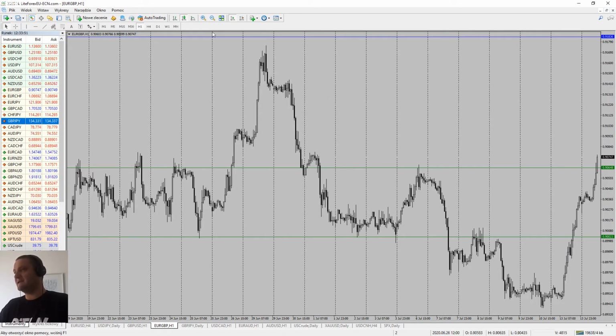Well, we didn't get that deep pullback, so we have to find another place where we can try to buy. Any kind of pullback towards 0.9150, 0.9094, that's going to be my buying opportunity with a very tight stop under 35, under 30, with the possibility to test 91.